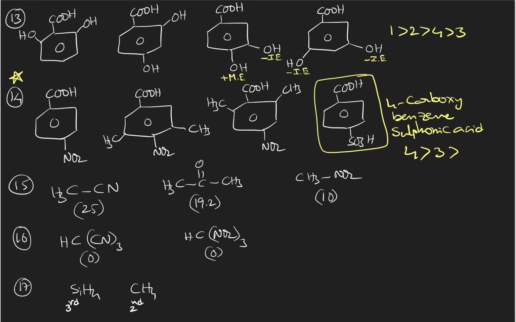Between these two, here NO2 is at a para position, and NO2 can withdraw the electron density from the benzene ring. That means like this. So it can show its negative mesomeric effect.